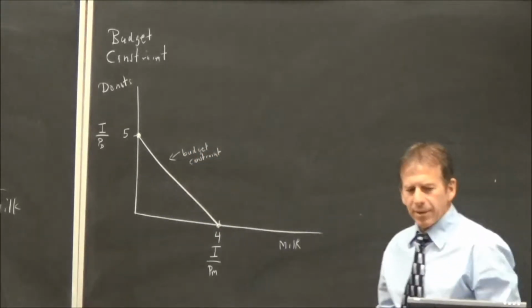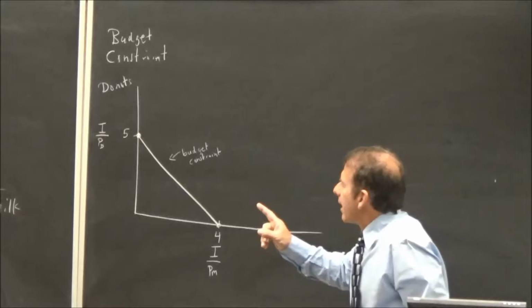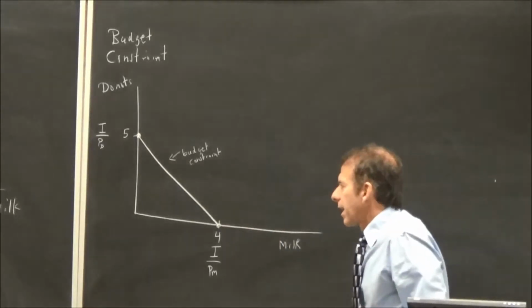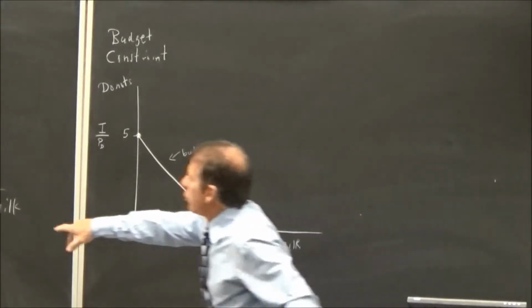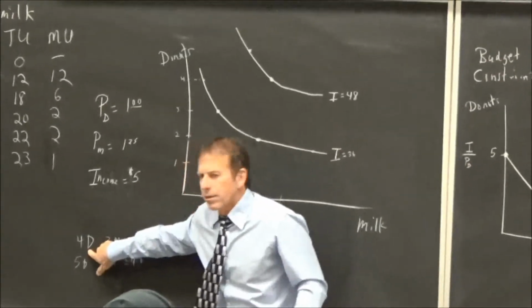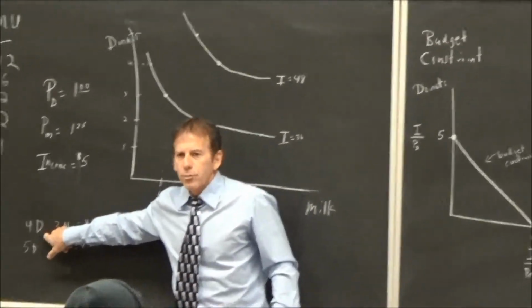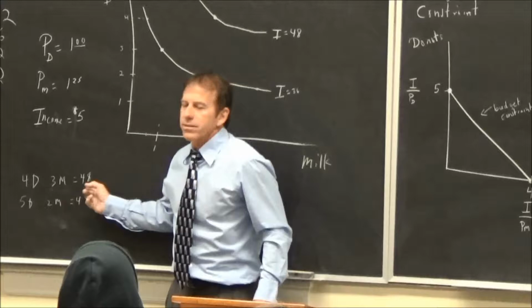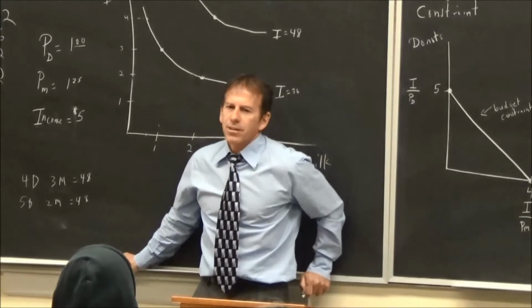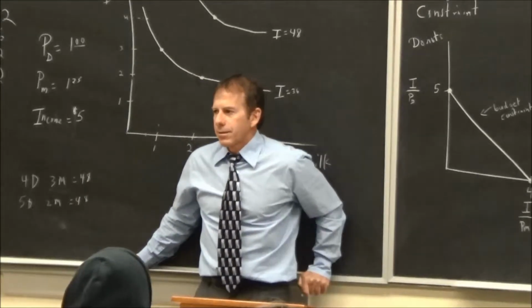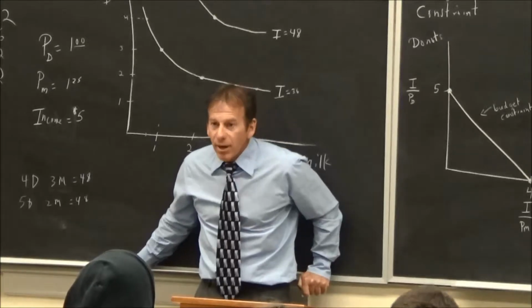Well, let me ask this question. If this is your income, could you buy this bundle right here? Could you buy the 4 donuts and the 3 milks and get 848 units of utility out? Why not? You don't have the money.